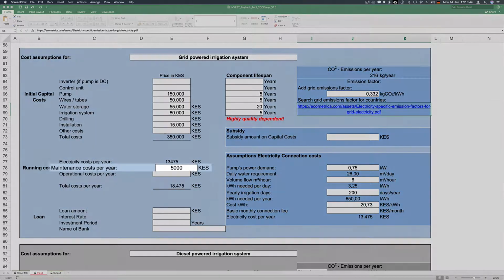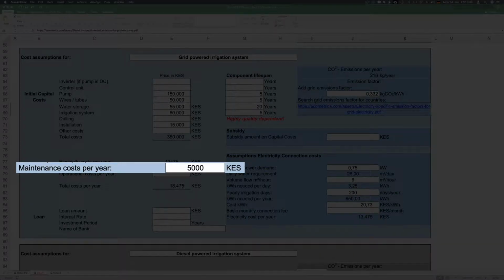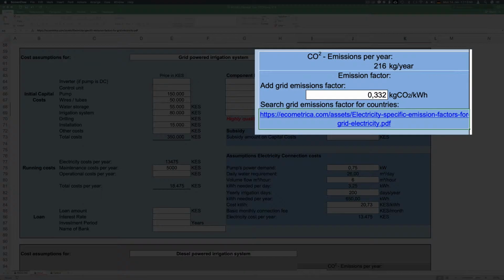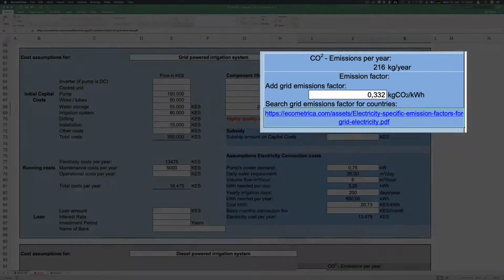Maintenance costs per year amount to 5,000 Kenyan shillings. On the right hand side, you see that there is a CO2 emission table, and the grid-powered irrigation system produces 216 kg per year if we assume a grid emission factor of 0.332 kg CO2 per kilowatt hour.